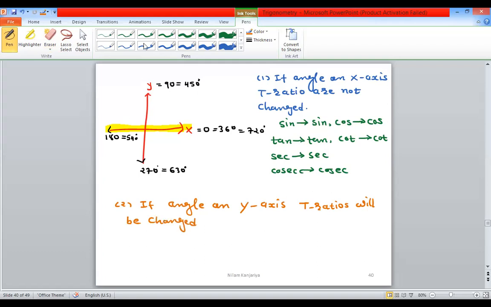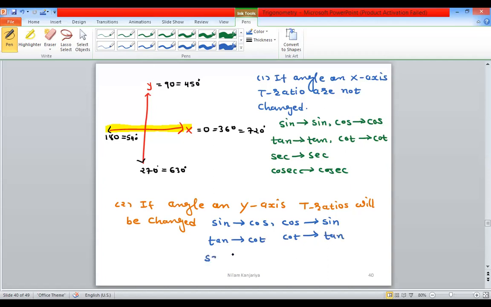And it will be converted like this: sine theta is converted into cos, cos is converted into sine, then tan is converted into cot, and cot is converted into tan, and so on.